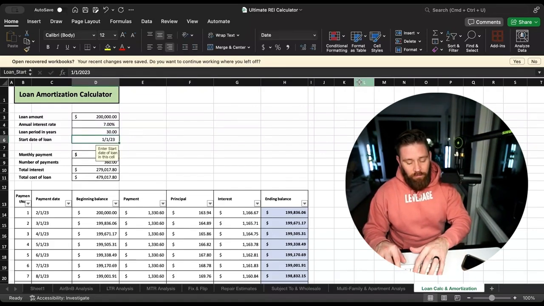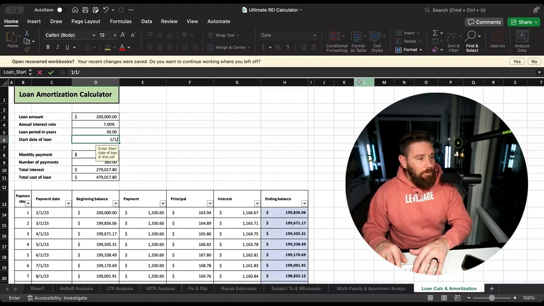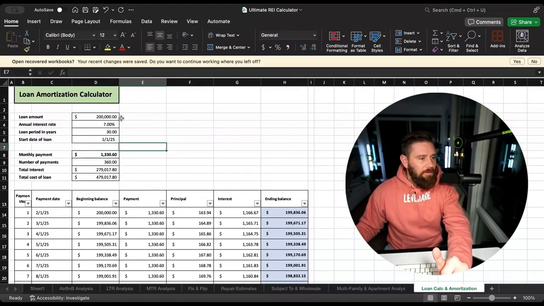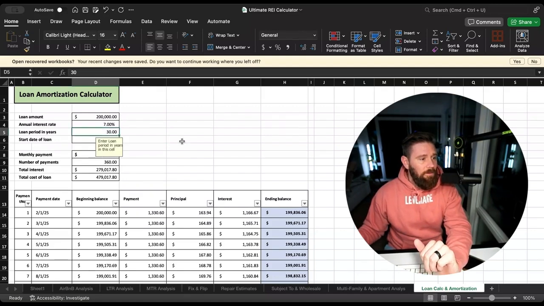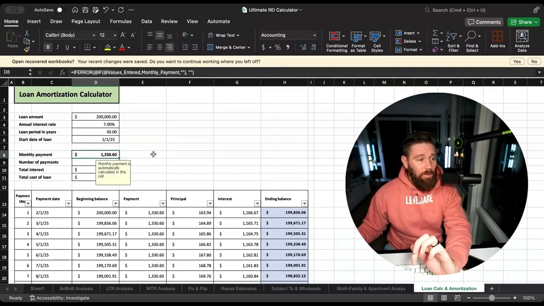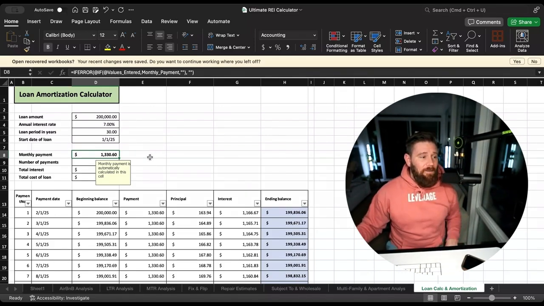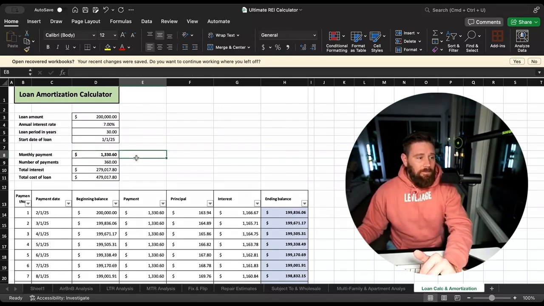We'll say 1/1/2025. All right, so 200,000 at 7% with 30 years amortization. Your monthly payment for the mortgage loan and interest is going to be $1,330.60. And that is for the scenario here.